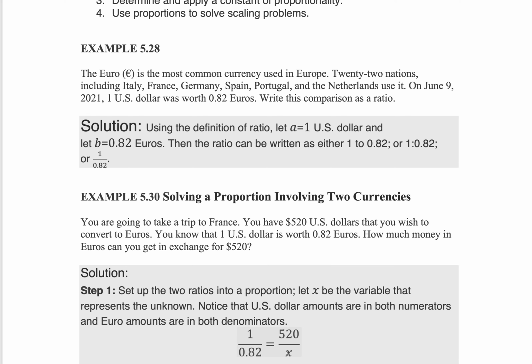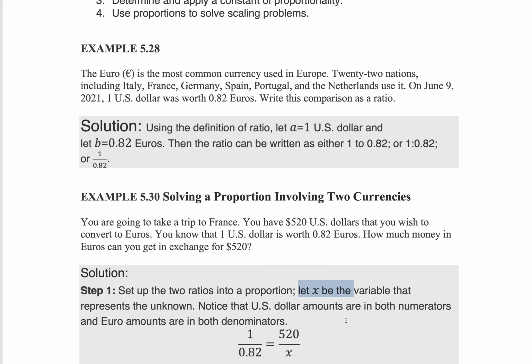It's worth explaining the notation a little better. We use x a lot, but for different problems, x may mean different things. This time we let x denote the variable that represents the unknown amount of euros.